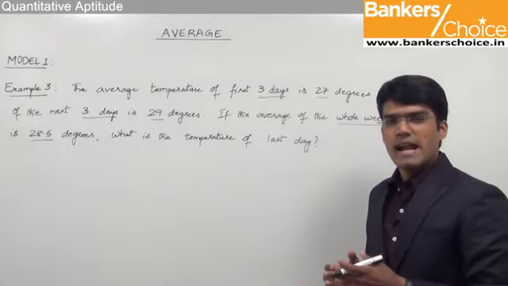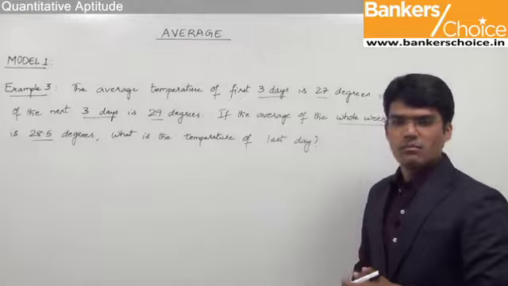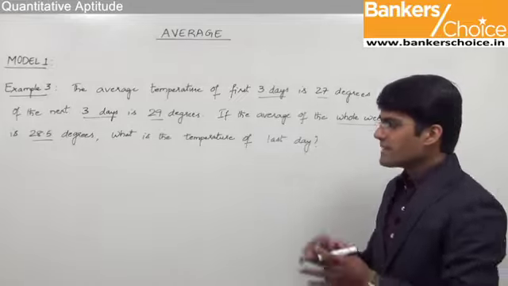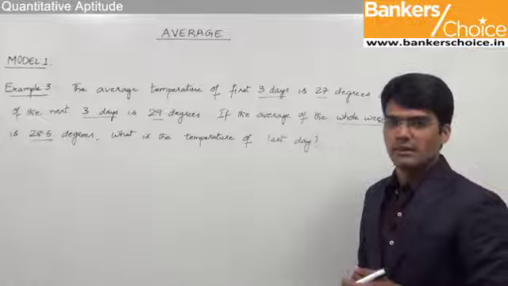Now, it is obvious that the sum of the temperatures of the whole week should be balanced on both the sides. Let us try to solve this question by balancing the sum of the temperatures of the whole week.